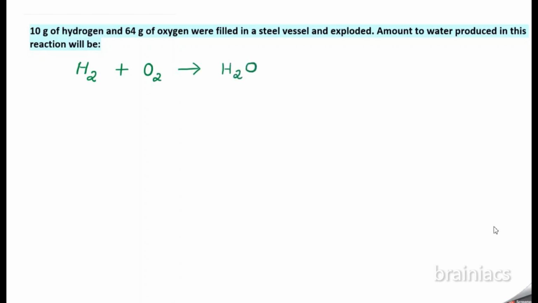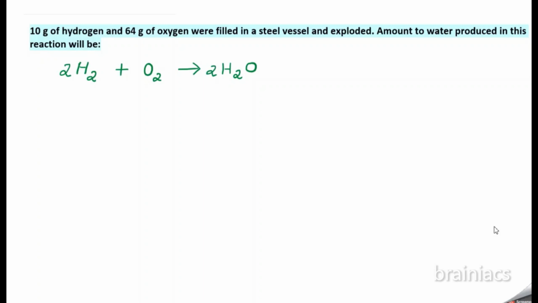So if you are following the stoichiometric method, the most important step to remember is to make the equation balanced. How can you make the equation balanced? You have two hydrogen, here also two hydrogen, here two oxygen, but here one oxygen. So I am adding two here. So I now have two oxygen, but I have four hydrogen. So to balance that, I will keep two here. So 2H2 plus O2 giving 2H2O. Now it is balanced. Correct.